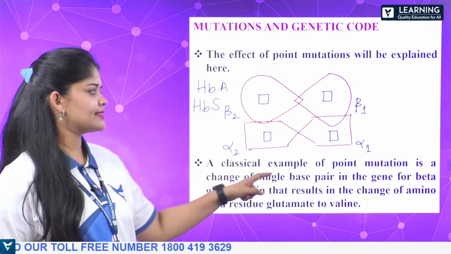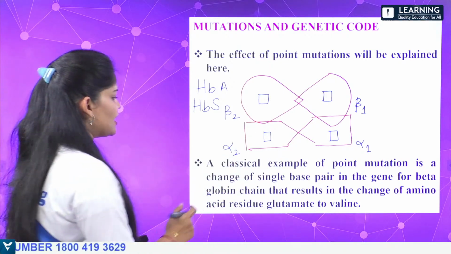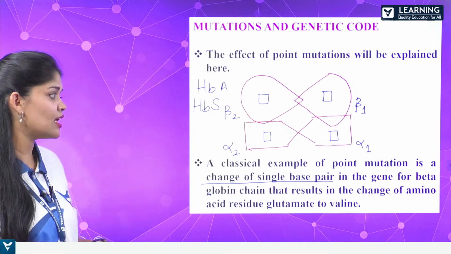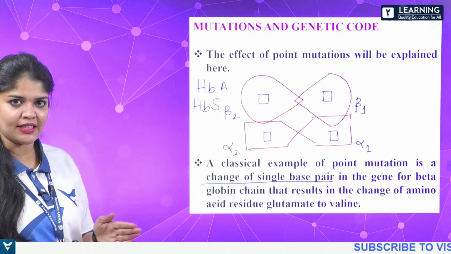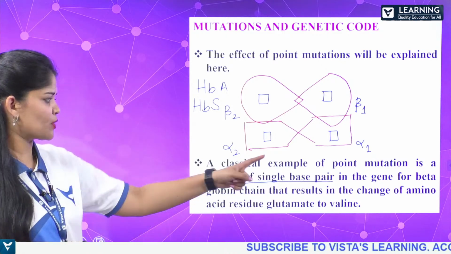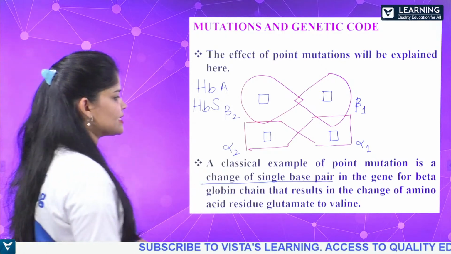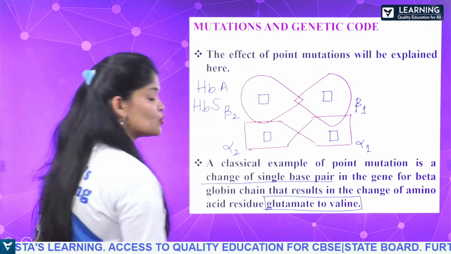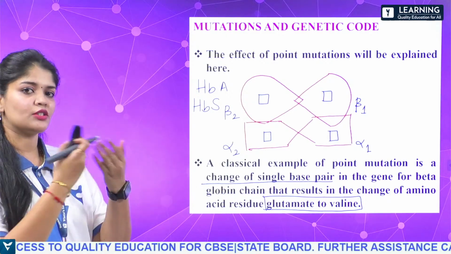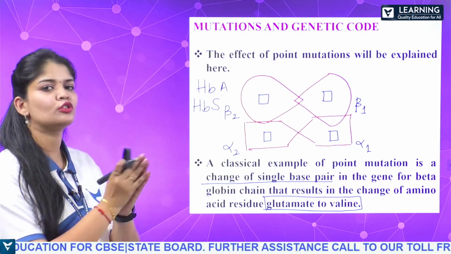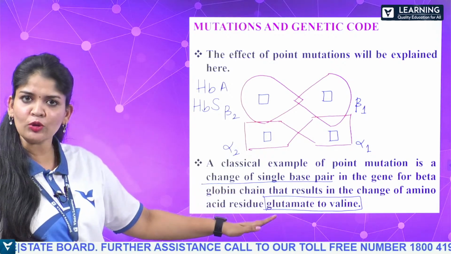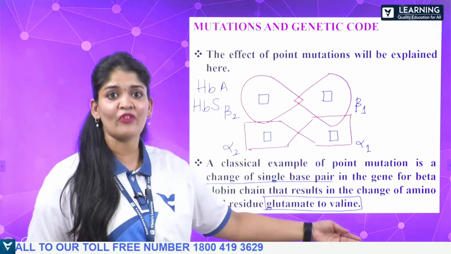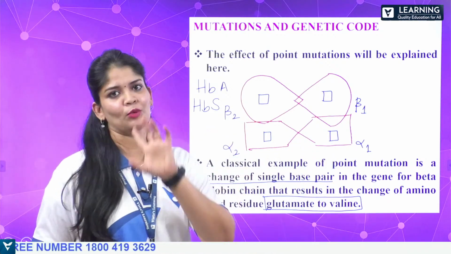A classic example of point mutation is a change of a single base in the gene that is reflected in the change of an amino acid in the beta globin chain, from glutamate to valine. It has to be glutamate in normal hemoglobin, but it changes to valine in sickle hemoglobin.